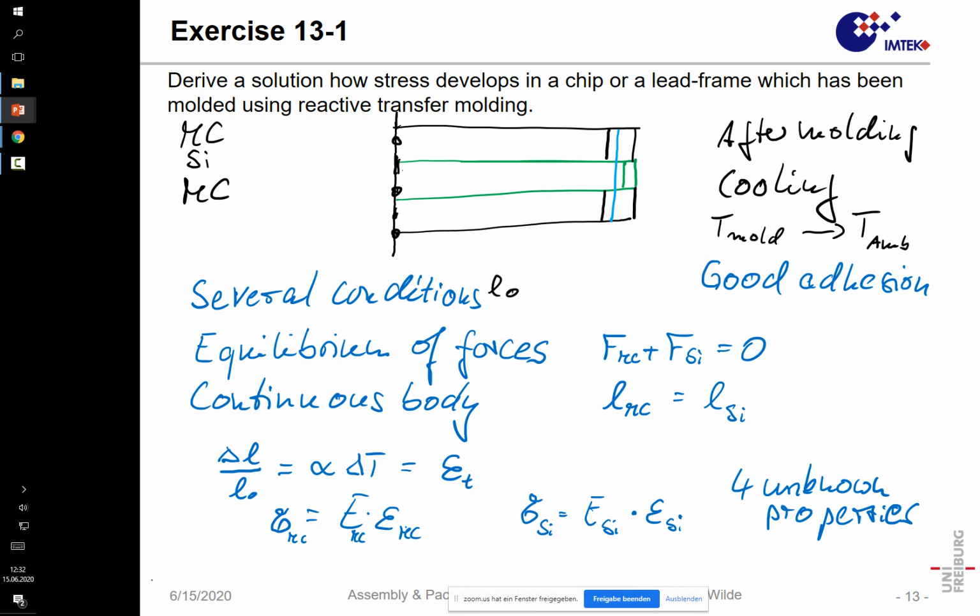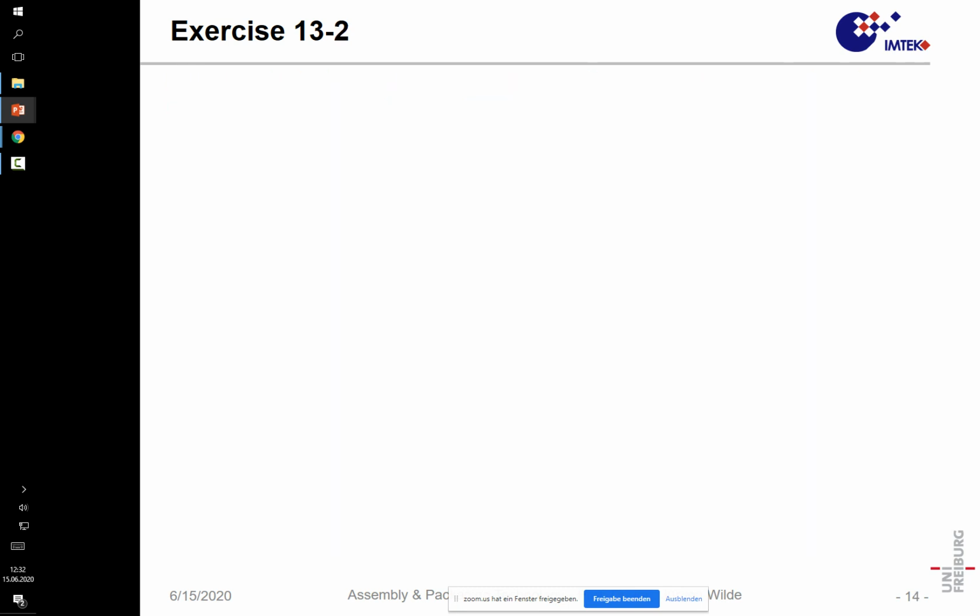And now we could say the following. When we look at the thermal strain difference, so that is what we have here. So that's a strain difference.